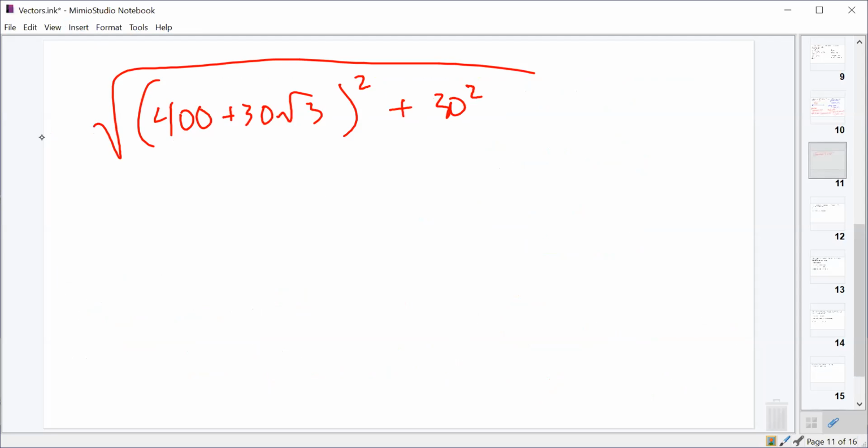And so what does that speed come out to be? Max? What does that come out to be? Anybody do that?